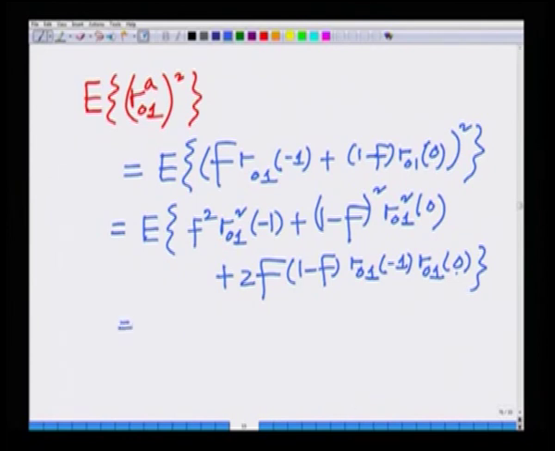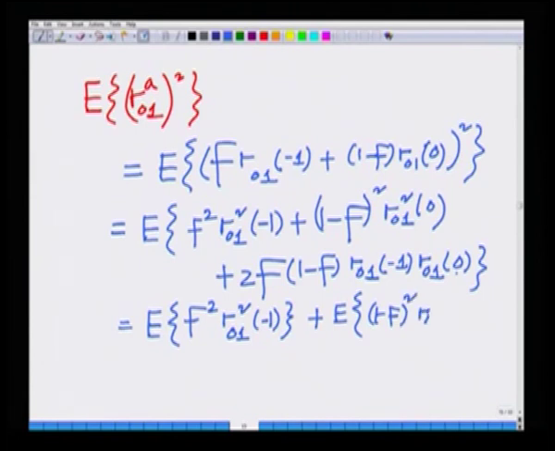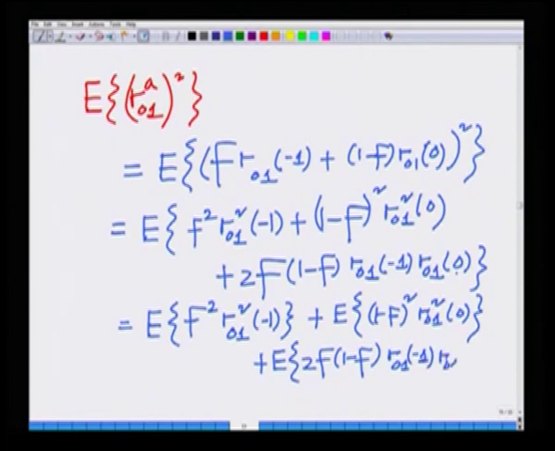This is nothing but expected f square R01 square of minus 1 plus expected 1 minus f square R01 square of 0 plus expected twice f into 1 minus f into R01 of minus 1 into R01 of 0.